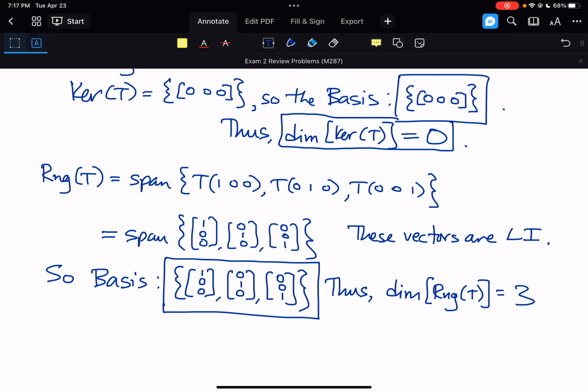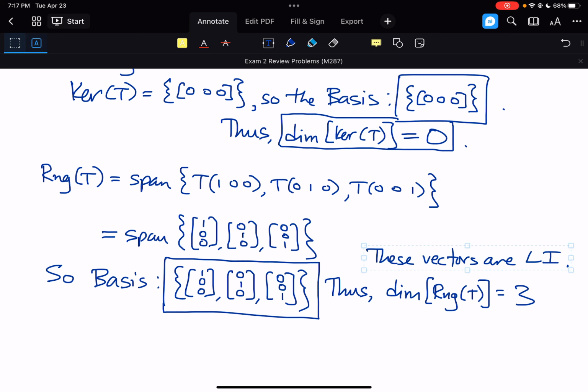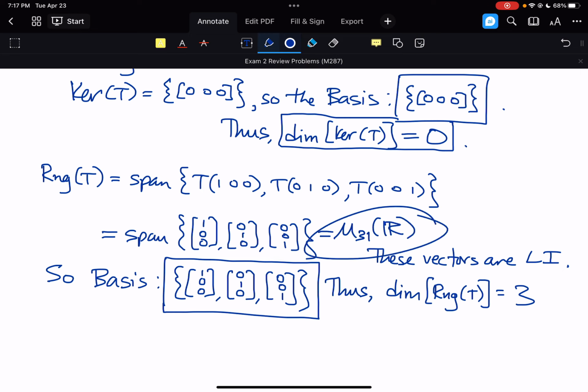Now, notice, actually, that the span of these vectors, I mentioned that these form the standard basis for all of M31. So if we're spanning all of that, it means we're really spanning all of M31 of R. So technically the range is all of M31, so it spans the whole vector space.